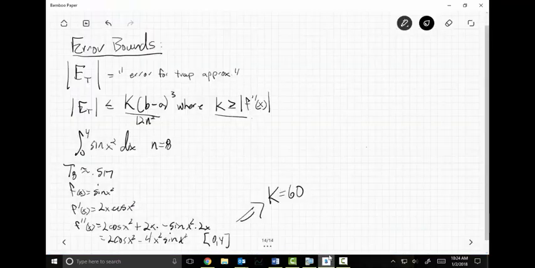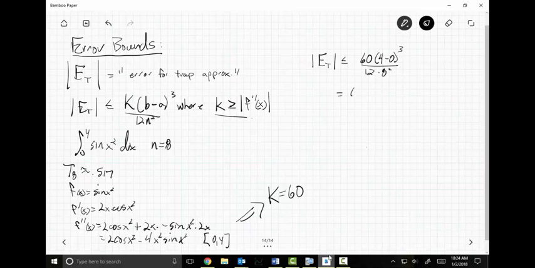So let's go back to this. I know that the error bound, when I use a trapezoidal approximation, is going to be less than or equal to 60 times 4 minus 0 cubed over 12 times, well, what was n? That's 8 squared, right?